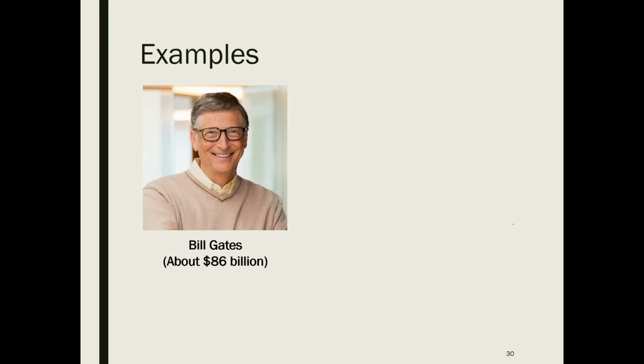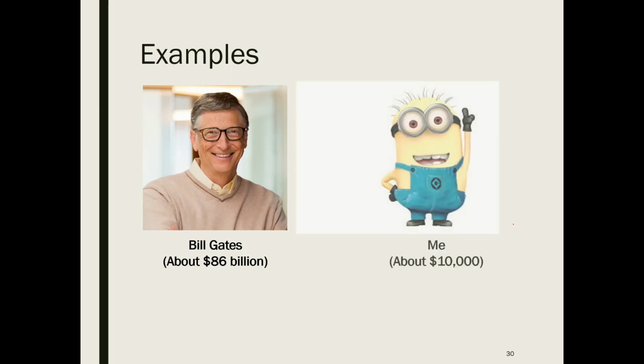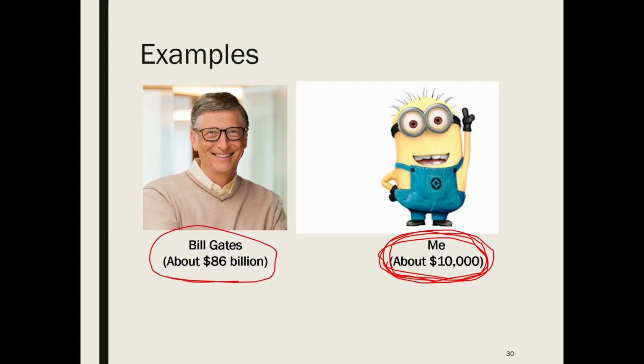A good example is Bill Gates. People know Bill Gates, right? Bill Gates has savings of maybe about 86 billion in his bank account. And for me, I usually have less than 10 grand in my bank account. I represent a common person in the US. Maybe you guys have more than I do in your savings account, but I really represent a common person. Bill Gates is super rich.